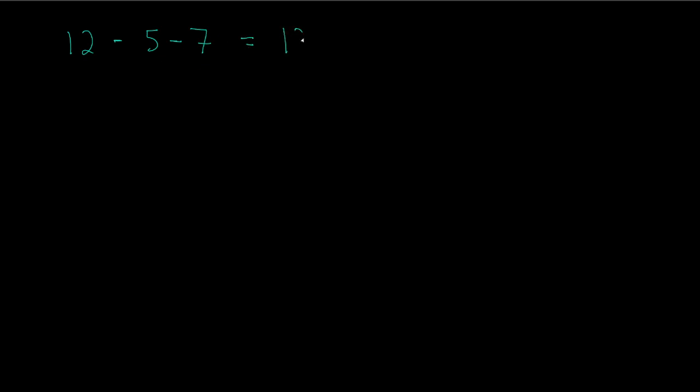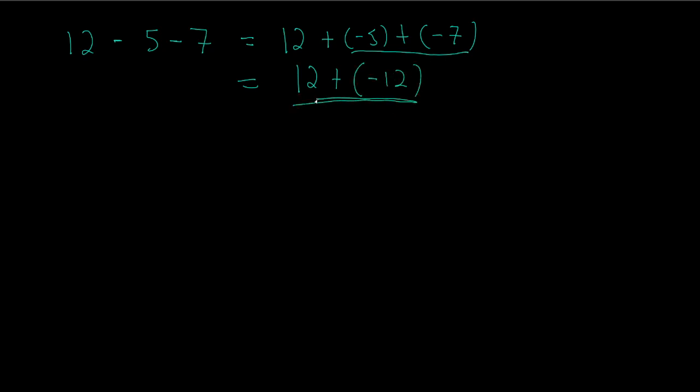Well, I'll rewrite these as additions of the opposites. And now I can do additions in any order. I'm actually going to look at doing these first because they have the same sign. So if I add the absolute values and keep the sign, you get 12 plus negative 12. And here I have the addition of opposites, so I get 0.